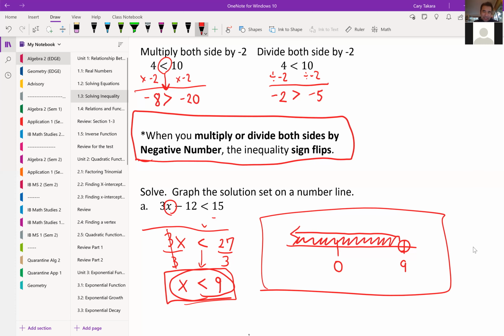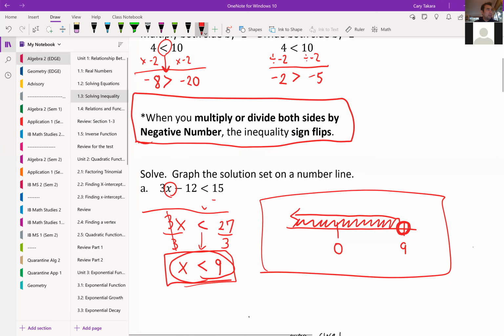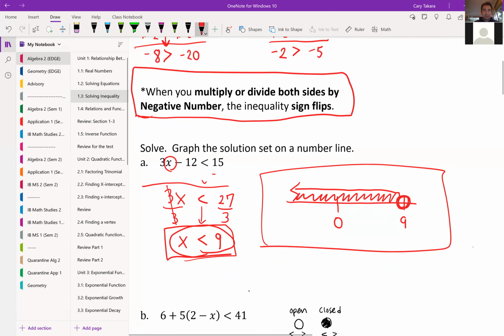So for that, the circle right here is an open circle. It's called an open circle. Okay. All right. That's right. Very good.